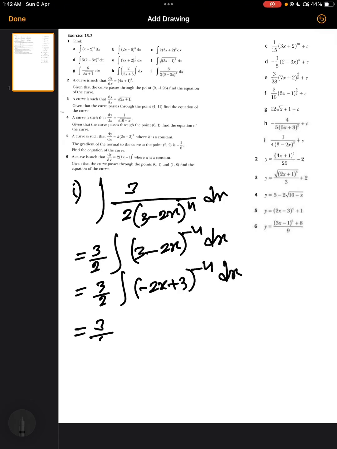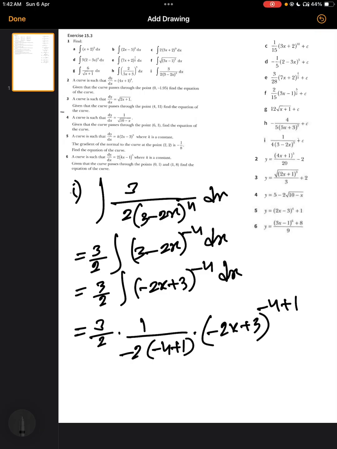So 3 by 2 times 1 over a is negative 2. N is negative 4 plus 1, minus 2x plus 3 to the power minus 4 plus 1 plus c here. So 3 by 2 times 1 over this is negative 3, this is negative 2, which is 6.